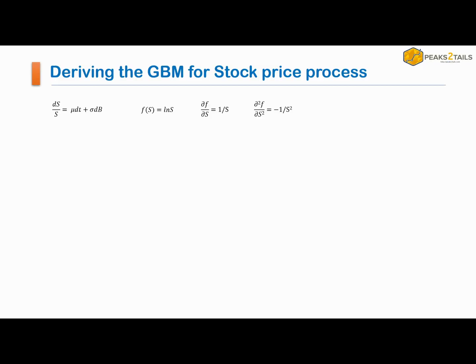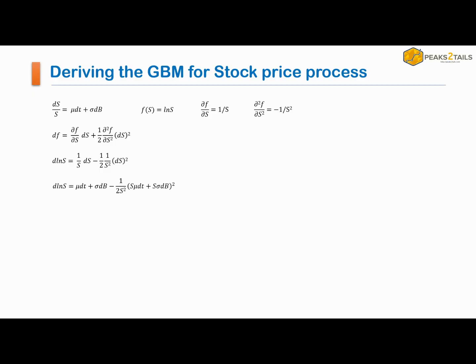Does stock price depend on time? Yes. Does stock price depend on Brownian motion? Yes. But the function has explicit dependence on S only. So we'll consider this as a univariate function only. So applying Taylor series, we have these two terms, first order term and second order term. And we replace these terms with the derivative calculations that we did.